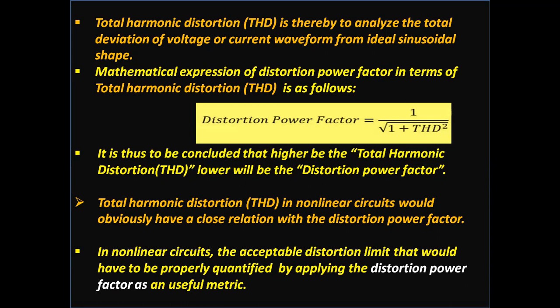Total harmonic distortion in nonlinear circuits has a close relation with the distortion power factor. In nonlinear loads, the acceptable distortion limit can be properly quantified by applying the distortion power factor as a useful metric.